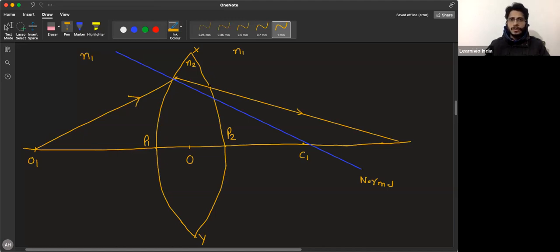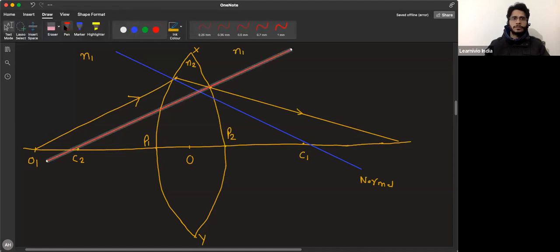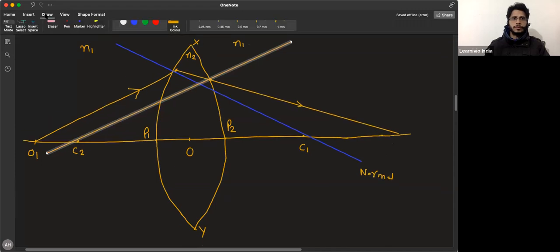So you need a normal here. For the surface XP2Y, this is the center of curvature. Now let's drop another normal for the second surface. This is the normal for the second surface.